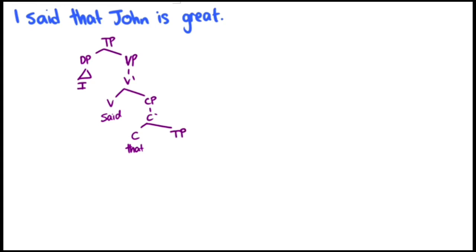Again, we have another TP, and we have a VP within it, so within it V bar, V, and then "great" is an adjective phrase. So "John" is our TP subject, and then the adjective phrase "great."